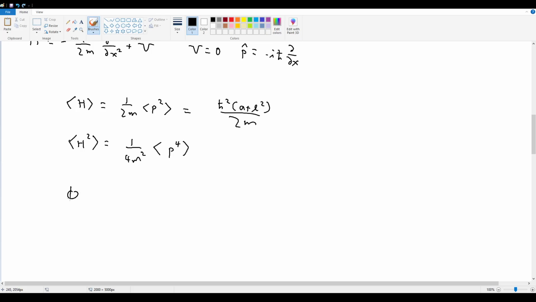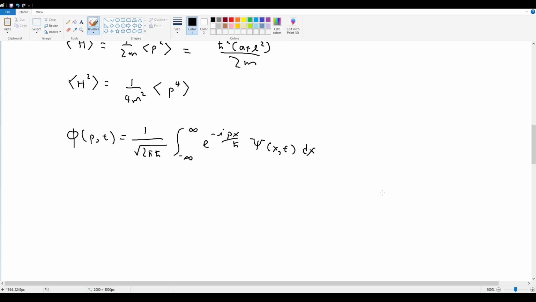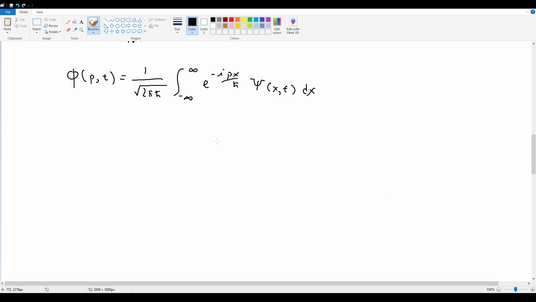So let's write out the Fourier transform integral. We know that phi of p comma t can be written as 1 over the square root of 2 pi h bar times the integral from negative infinity to infinity of e to the negative i p x divided by h bar multiplied by psi of x comma t times dx. I'm just going to write this out and then give a general rough overview of how to actually solve it by hand if you do want to go down that route. Once again, I'm not going to bother actually solving it.